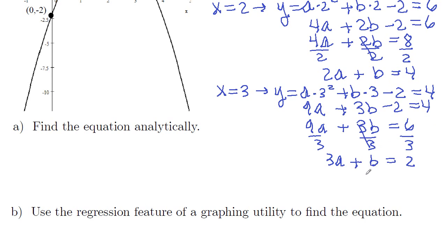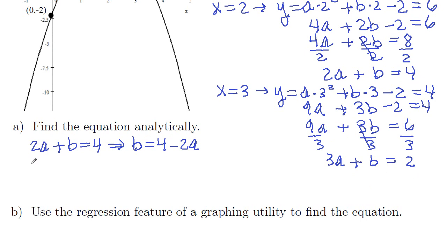Let's solve one equation for one variable and plug into the other. So 2a plus b equals 4. If we subtract 2a on both sides, b will equal 4 minus 2a. And then plug that into the other equation.